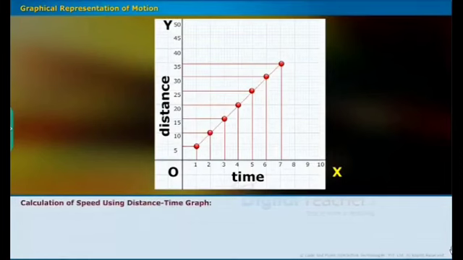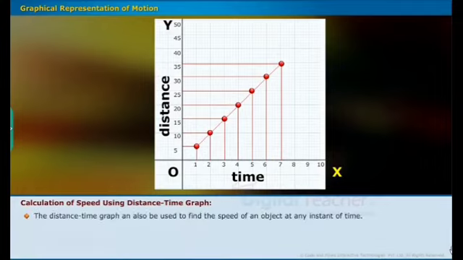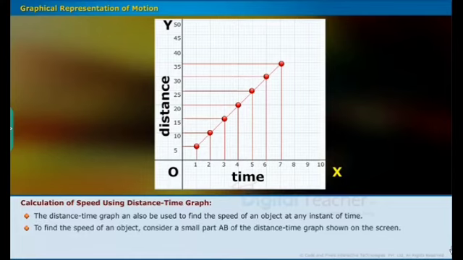Now let us know the procedure to calculate the speed using the distance-time graph. The distance-time graph can also be used to find the speed of an object at any instant of time. To find the speed of an object, consider a small part AB of the distance-time graph shown on the screen.